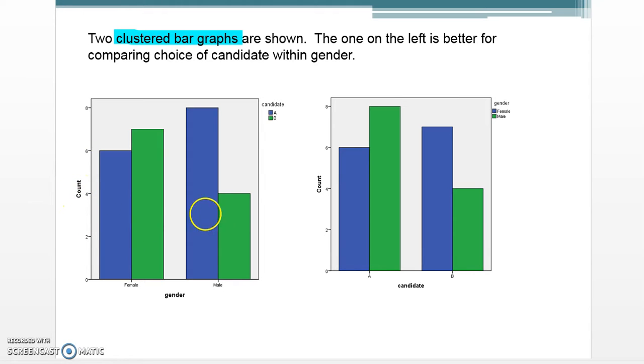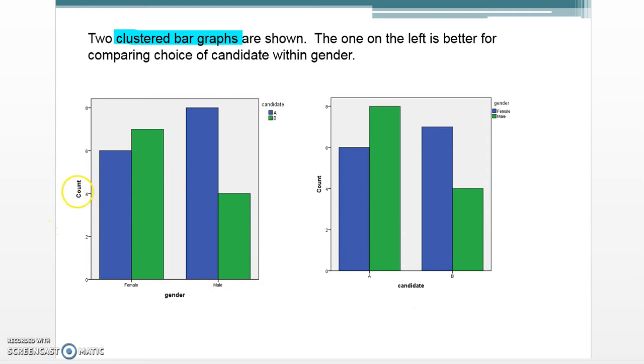If you look at this graph, it tells you that for the female cluster, the females would prefer candidate B more than candidate A. For the males, most would prefer A over candidate B.